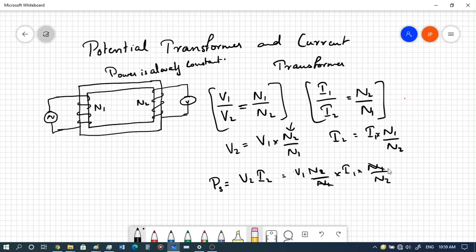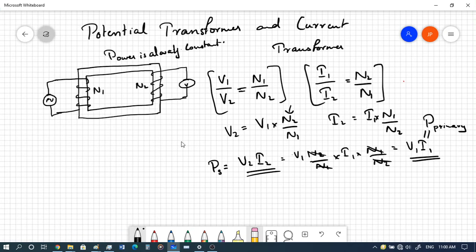So here N1, N2 get cancelled, and you get V1 I1, which is also the power of the primary coil, isn't it? So the power is always the same. The secondary power V2 I2 is always equal to V1 I1. Only thing is that if the current gets stepped up, the voltage will get stepped down, and if the voltage gets stepped up, the current will get stepped down. So it's a constant power device. That is how a transformer works.